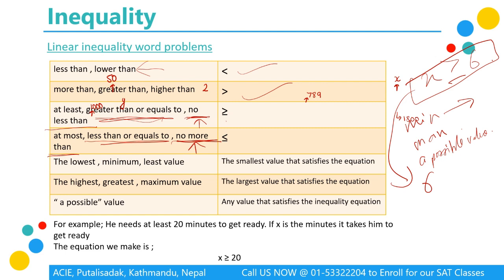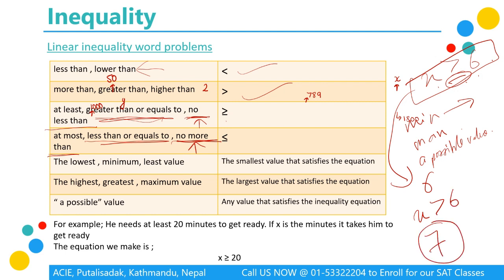Here it says x is greater than 6 or equal to 6, so the minimum value of x is 6. But instead of the equals sign, if it was just x is greater than 6, then the minimum value would have been 7.